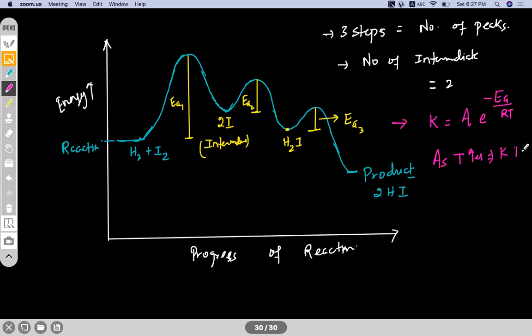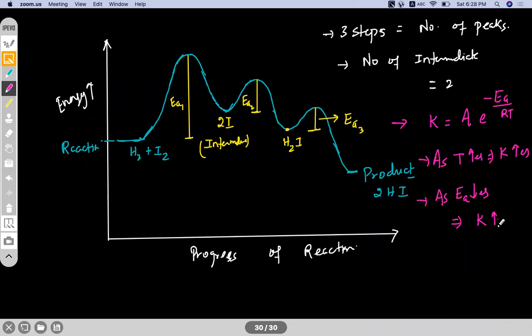K also increases. With temperature increase, rate constant increases. As EA decreases, activation energy decreases, so rate constant K increases.